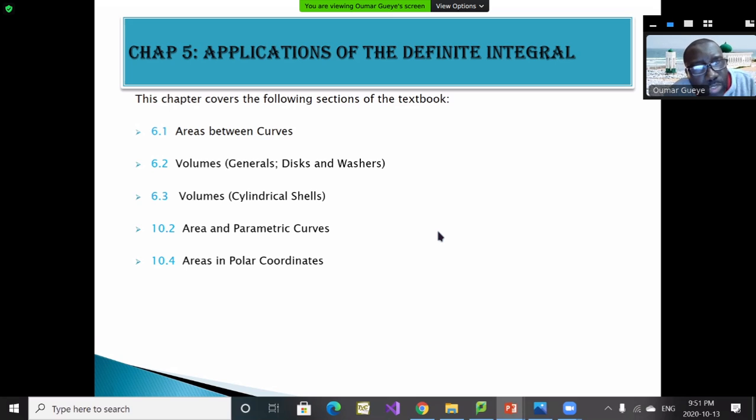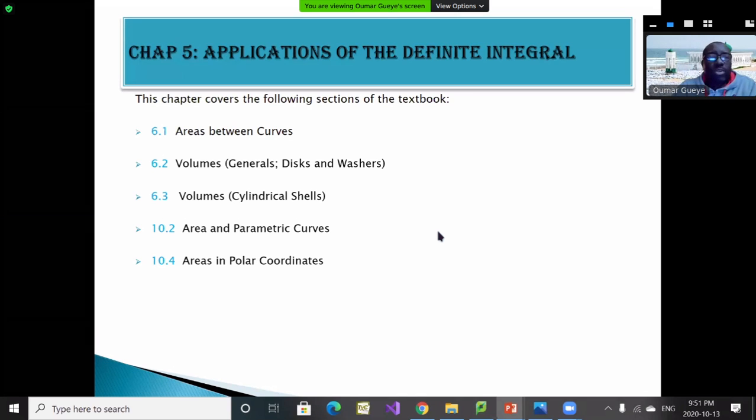As you can see, it's going to be all about applications of the definite integral to calculate areas. Sometimes the area could be very complicated, so we have to split it into different parts and calculate each of them. It's going to be the same for the volumes. Sometimes the volume is very complicated, so we have to split it into several volumes in order to get the total volume.